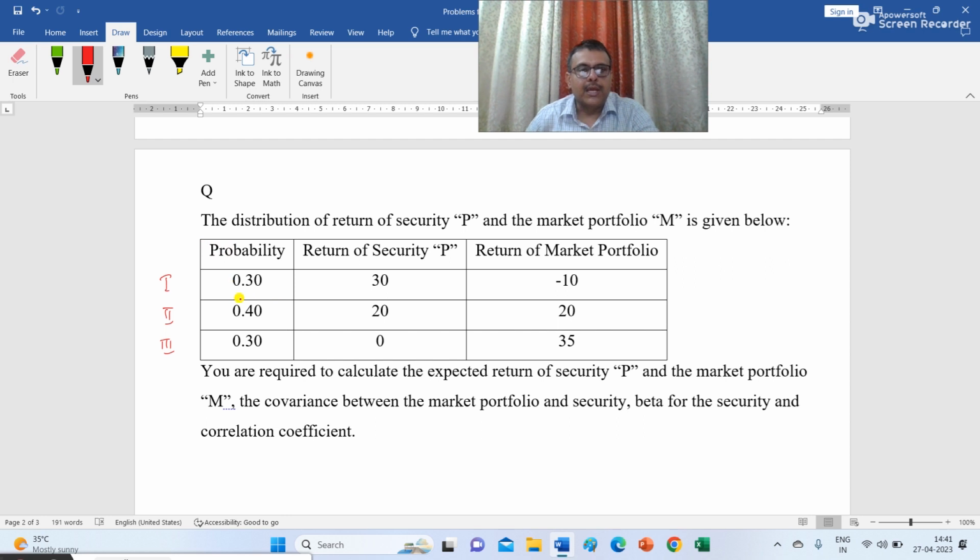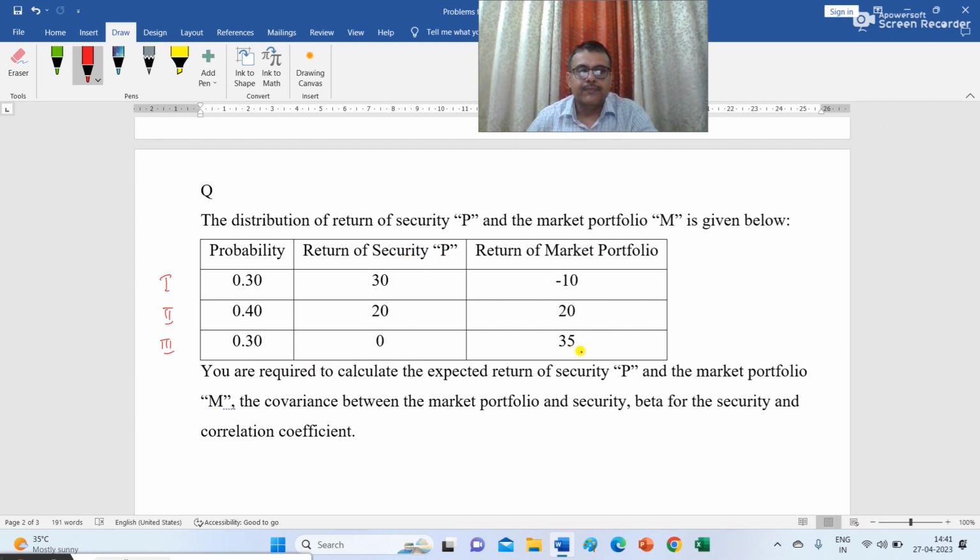The probability of situation 1 is 0.30, the return of security P is 30% and the return of market portfolio is -10. In situation 2, the probability is 0.4, the return of security P is 20 and the return of market portfolio is also 20. And in situation 3, the probability is 0.30, the return of security P is 0 and the return of market portfolio is 35.